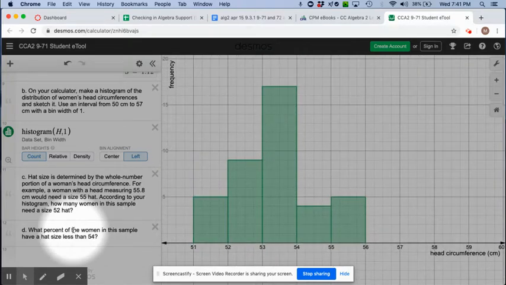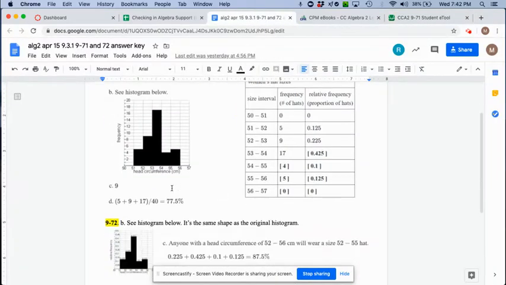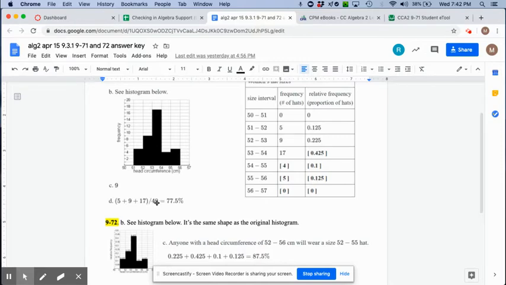And then we want to divide that by the total number, right, to get the percent, how much of our sample is less than 54. So we counted up here. It looks like we've got 17 plus 9 is 26, plus 5 is 31. And so we can check that: 5 plus 9 plus 17 divided by 40 gives 77.5%.